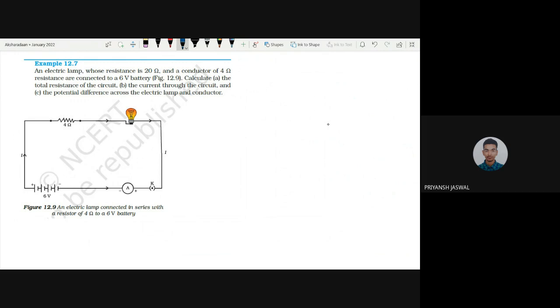Calculate the total resistance of the circuit, the current through the circuit and the potential difference across the electric lamp and conductor.